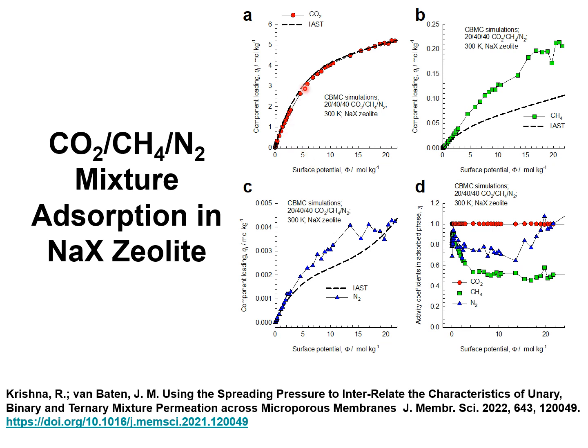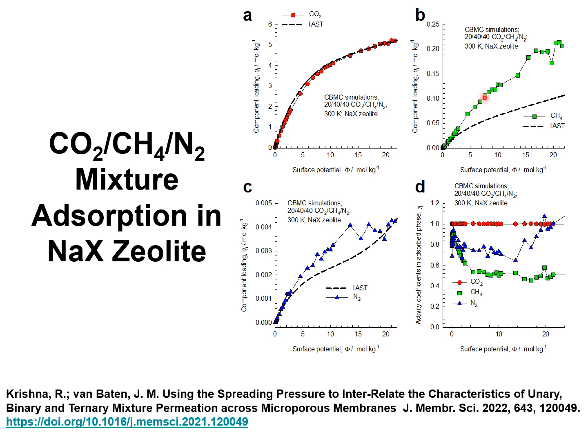The CBMC simulation results are shown by the symbols, and the dashed lines are the estimates of the ideal adsorbed solution theory. The strongest adsorbing component, which is CO2, due to electrostatic interactions with the extra framework cations, the component loadings of CO2 are in good agreement with the IAST estimates.